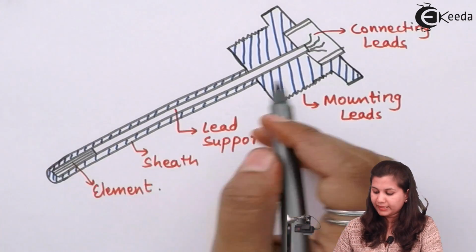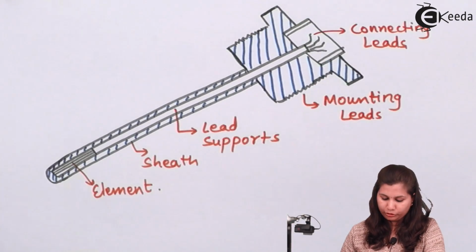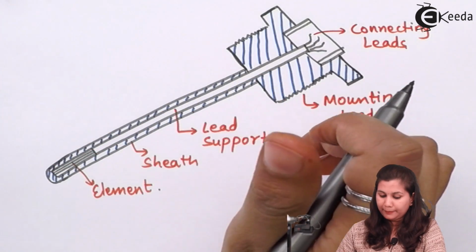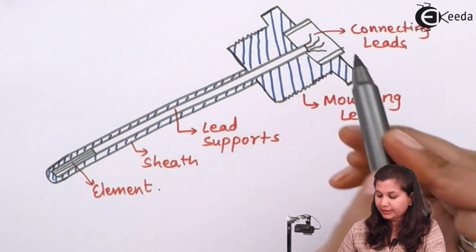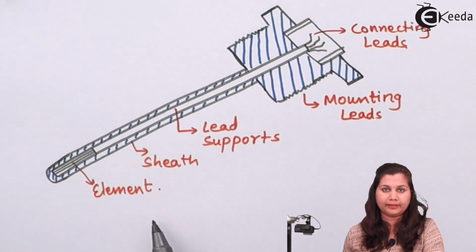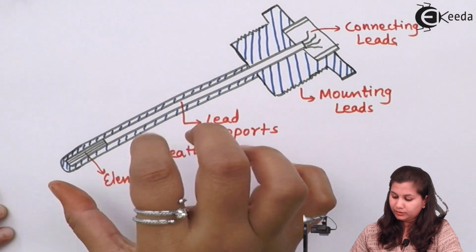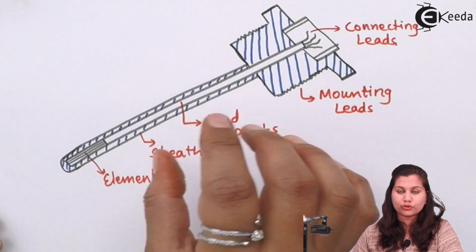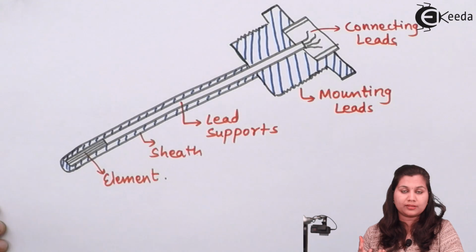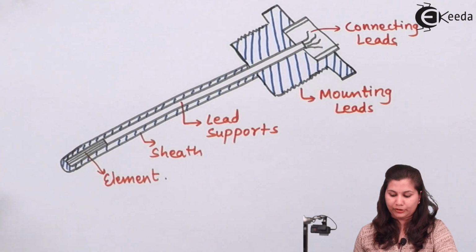So this is the basic construction of the RTD. The material which is used for the construction of RTD is platinum. Okay, these are the connecting leads, these are the mounting leads, lead support sheath, and this is the element. Here the element is the platinum which is used for the RTD construction, and when the temperature is changed, the resistance of this element is going to change, and with the change in resistance we will be able to measure the changes in the temperature.